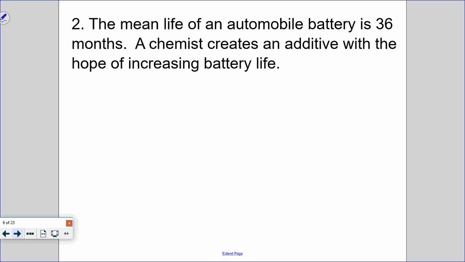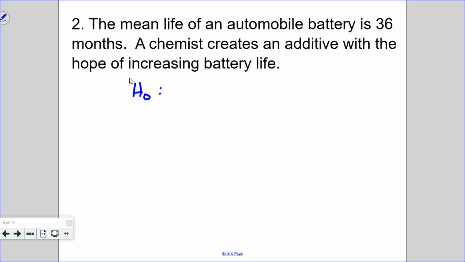The mean life of an automobile battery is 36 months. A chemist creates an additive with the hope of increasing battery life. What is my parameter? Mu. And what are we assuming?